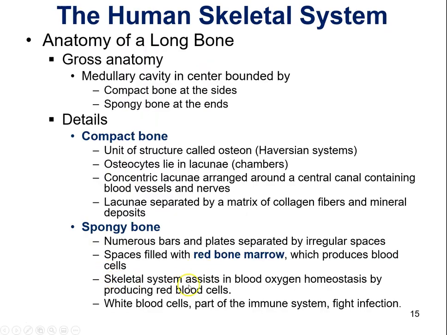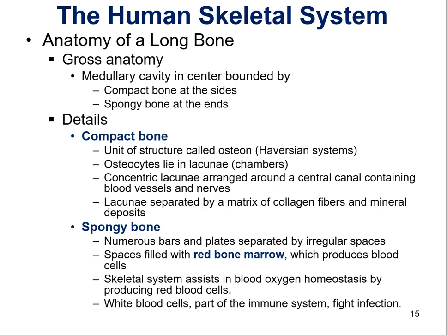Let's see, it says the skeletal system assists in blood oxygen homeostasis by producing red blood cells. Again, I said all the blood cells are made in the red bone marrow, and obviously white blood cells as well. And so you can see how the skeletal system is going to affect the function of the cardiovascular system, in terms of blood oxygen levels, because if there's not enough red blood cells being produced, then your body's not going to have enough oxygen, okay?